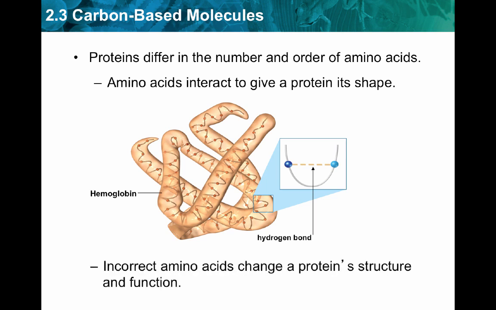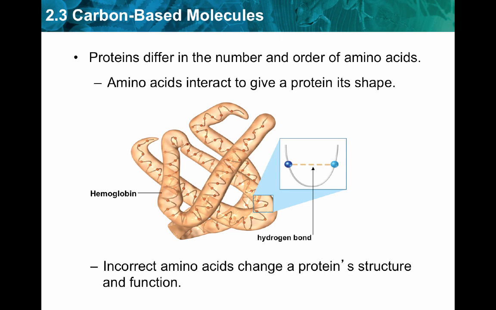If you have an amino acid that is placed incorrectly, that's going to change the structure of the protein and the job of the protein. A good example of that is sickle cell anemia. Regular hemoglobin has a certain shape. Hemoglobin carries oxygen on red blood cells, and when it's doing its job, that's fantastic, it carries oxygen and everything's great.